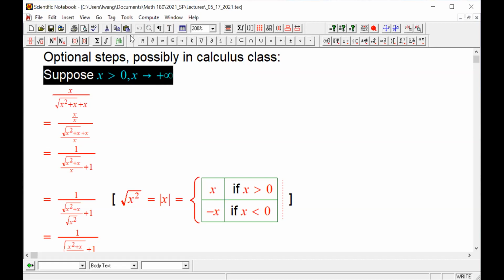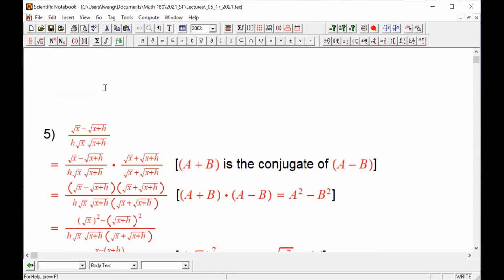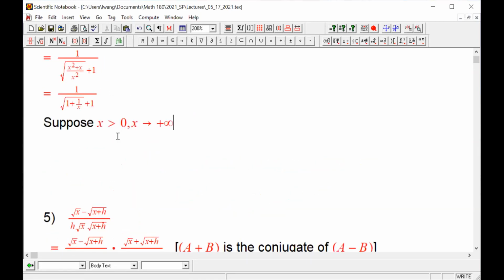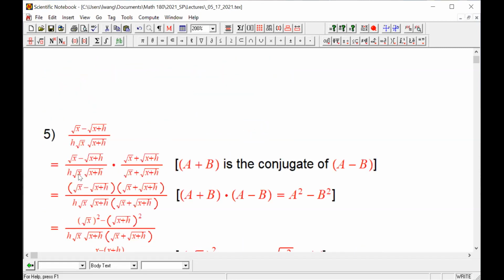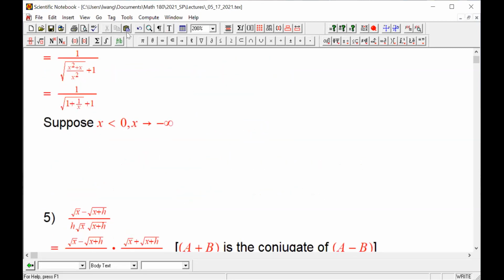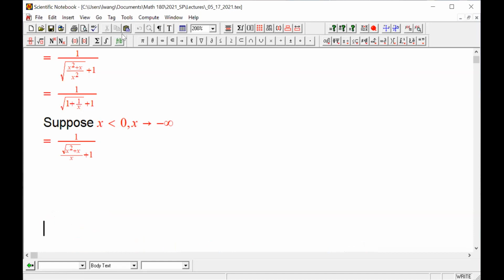So suppose the scenario is reversed. x is negative and it's approaching negative infinity. If that's the case, this step will look a little bit different. It's going to be different.